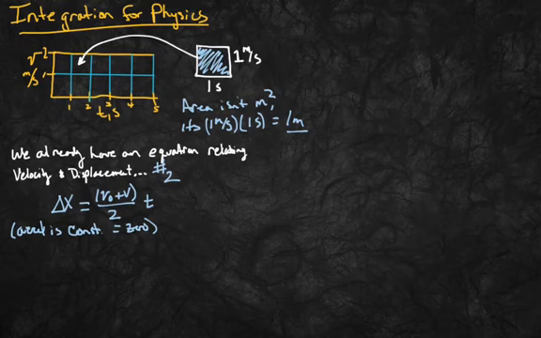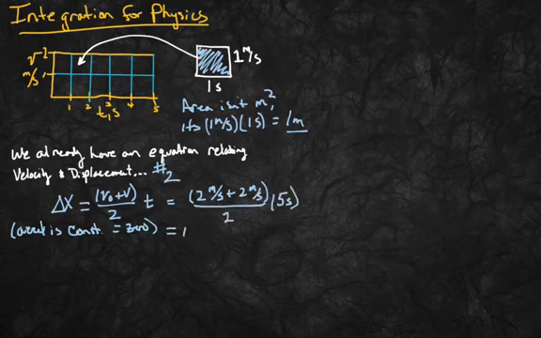In this particular case, it is 0. So we get (2 meters per second plus 2 meters per second) divided by 2 times 5 seconds. Our v naught is 2 meters per second. We start at 2 meters per second and finish at 2 meters per second, so our average velocity would be 2 meters per second. And our time is 5 seconds. So we multiply it out and get 10 meters.